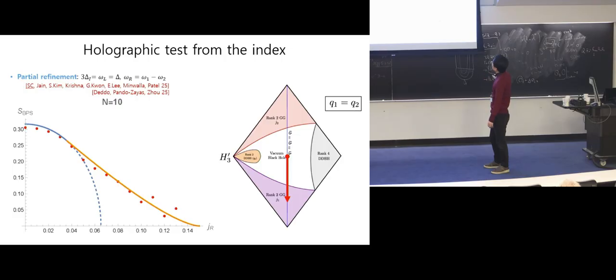But if the difference becomes larger, you can see that the gray galaxy solution is more dominant. And if it becomes much larger, then the known solution actually doesn't exist while the gray galaxy exists. The numerically computed index matches very well, at least qualitatively, with our gravity prediction, to the entropy of the gray galaxies.